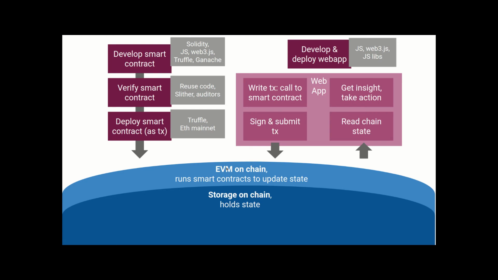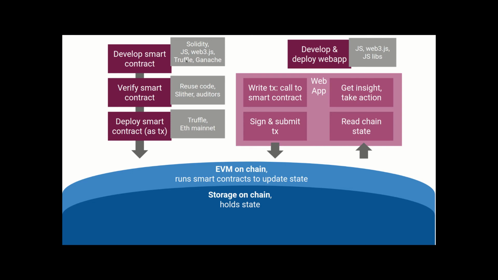So then back to the tooling. When you develop a smart contract, you're typically writing in Solidity, which compiles to EVM bytecode that then goes on the chain. Most of the flows are biased a bit towards developing web apps. So web apps have JavaScript. There's a library called web3.js, which allows you to do the Ethereum transaction stuff.